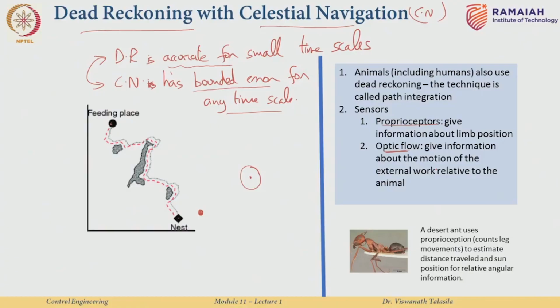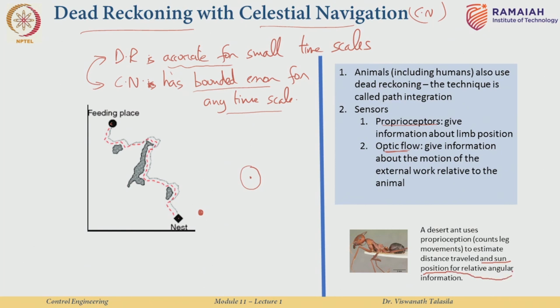So, that is the concept of optic flow. So, it gives velocity whereas the proprioceptor gives distance. So, now you have a lot of information with you. And then this desert ant, it actually uses the position of the sun for the relative angular information, right.